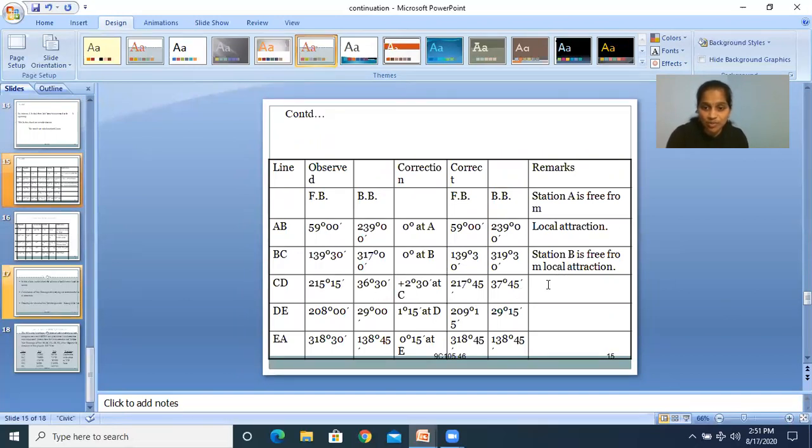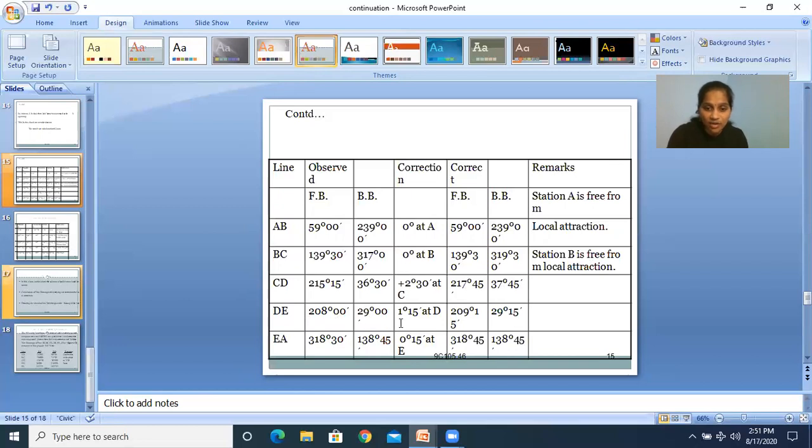For CD line, the forward bearing is this one and the back bearing is this one, plus there is an error, so the error is 2 degrees 30 minutes at C. 217 degrees 45 minutes is the forward bearing, and 37 degrees 45 minutes is the back bearing.